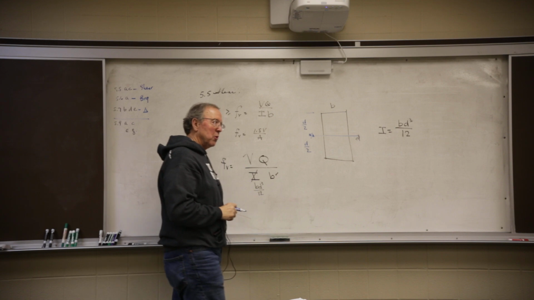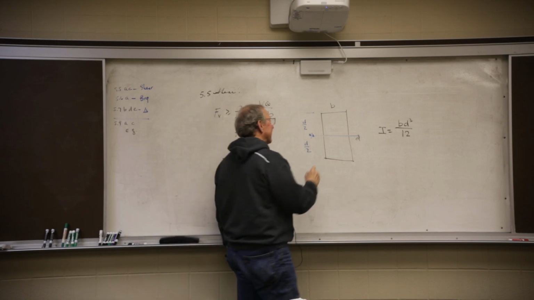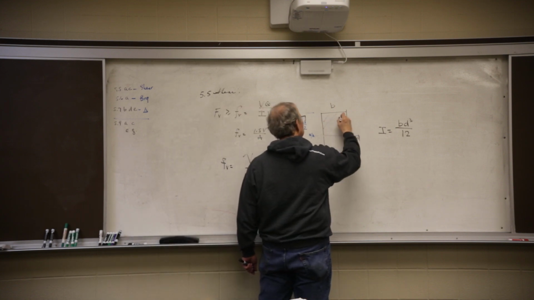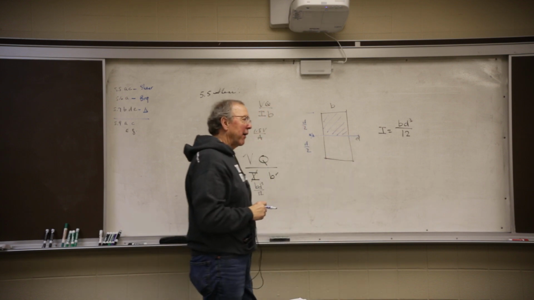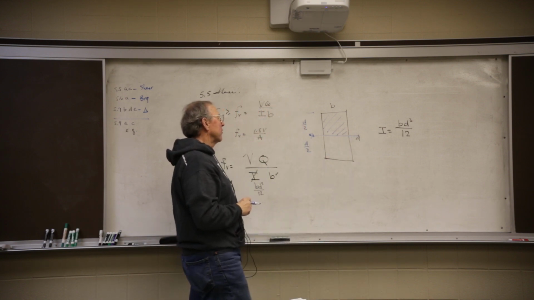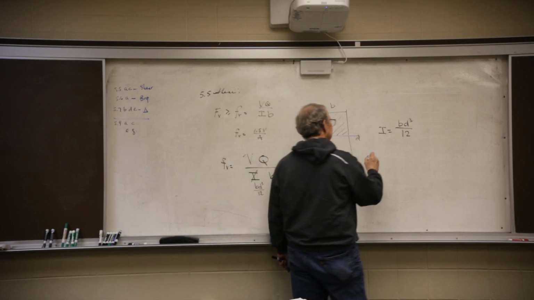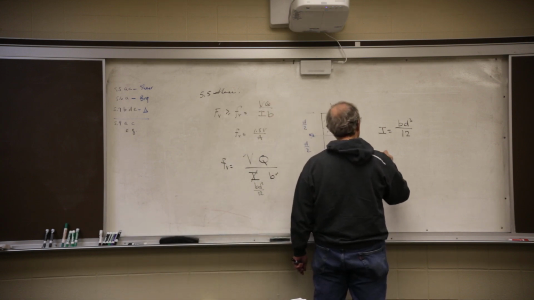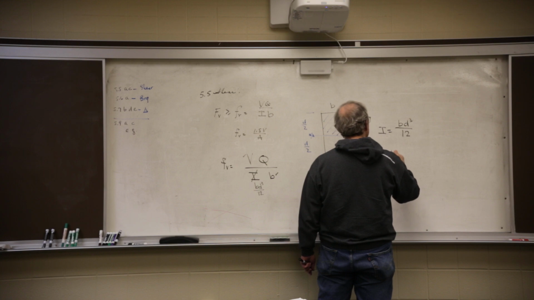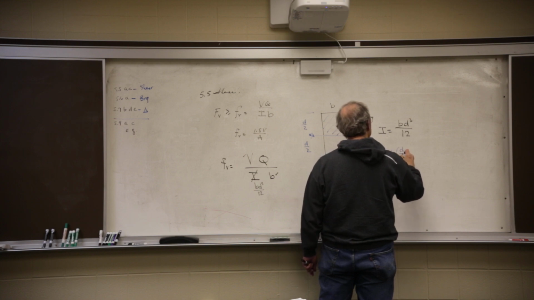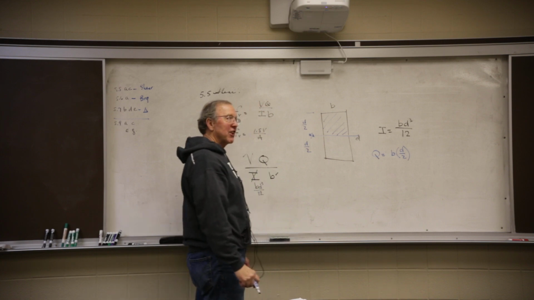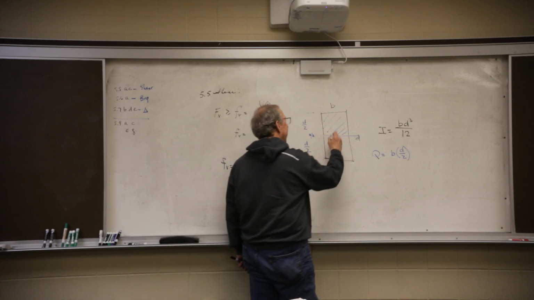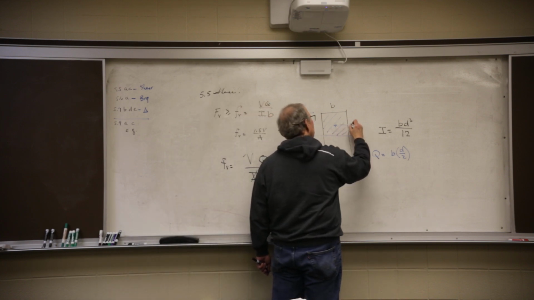Definition of Q. Crosshatch the top or the bottom. Take your pick. And take the first moment of the area about the neutral axis. So Q would be the area, which is B times D over 2. That's the area. And the distance to the center of that is right here.